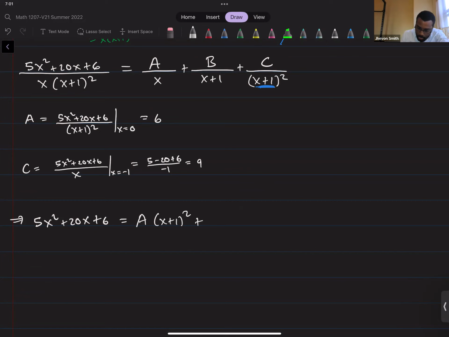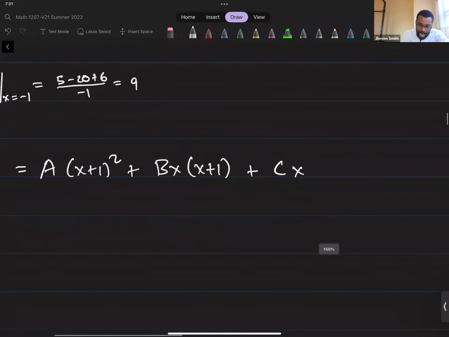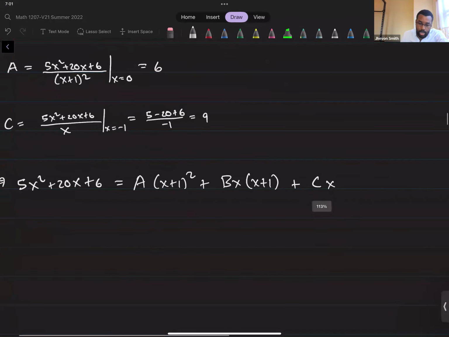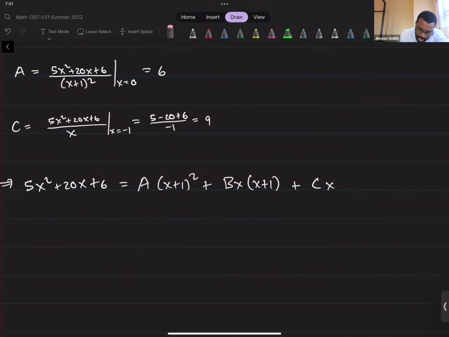In the B term, the x is going to stay and 1 factor of x plus 1 cancels. In the C term, the x plus 1 all squared cancels, and I have this. But I actually know what the A and the C are. These are 6 and 9. So I can actually even write these out.